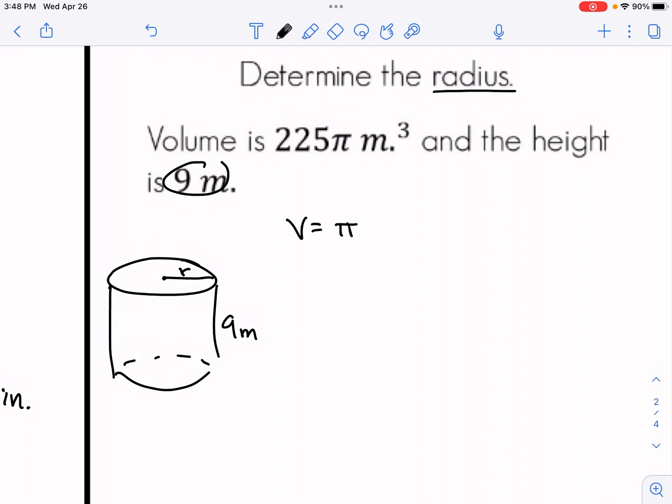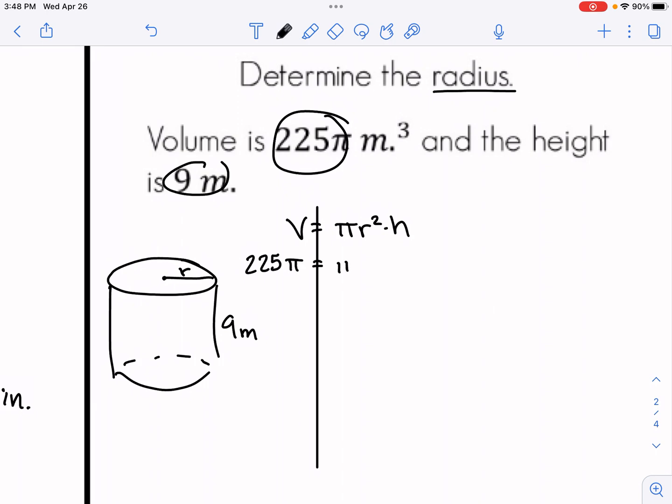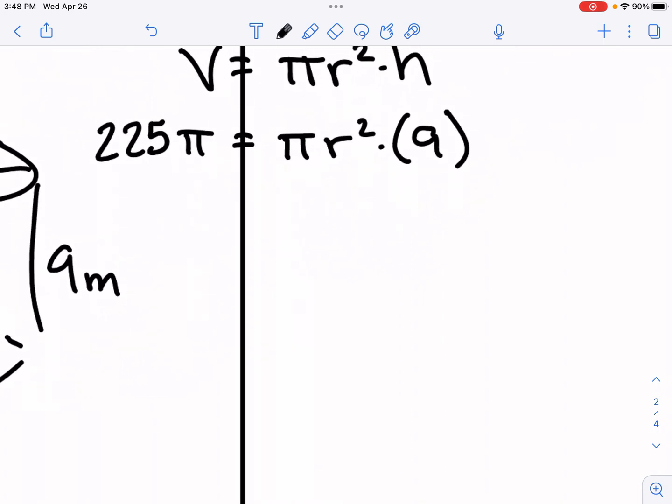Let's rewrite the formula. We know that the volume is 225 pi cubic meters, so I'll write that on the left side, replacing V. We don't know what r is, so I'm going to keep that, and times, we'll put 9 for h because it's 9 meters.